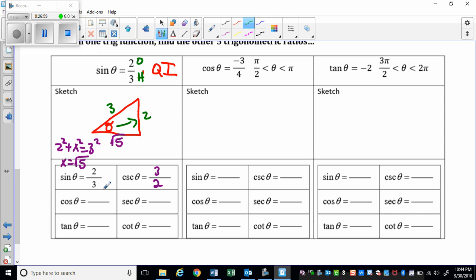Cosine is the adjacent over hypotenuse. My adjacent side is square root of 5 over my hypotenuse, which is 3. And secant is the reciprocal of that.